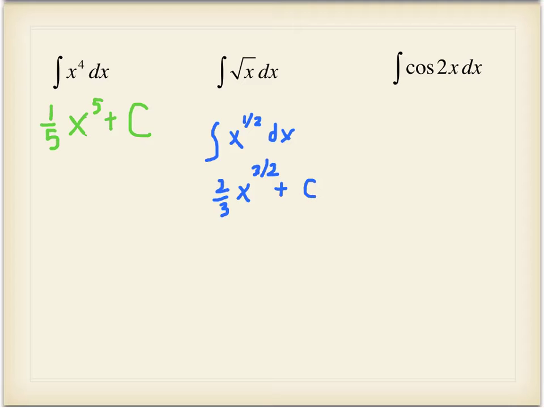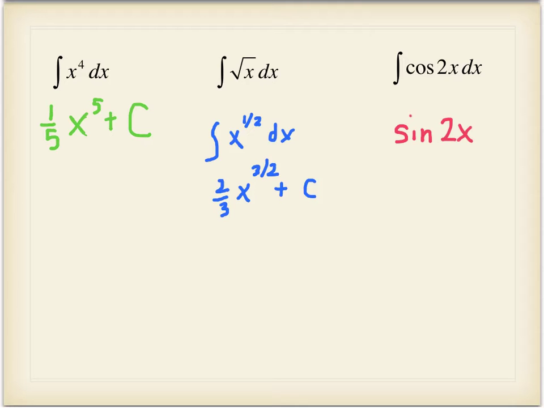Lastly, here's one of our trig derivatives. We remember that the derivative of sine is cosine, so thinking antiderivative-wise, it's probably going to be the sine of 2x. But if I took the derivative of the sine of 2x, it would be the cosine of 2x times 2.